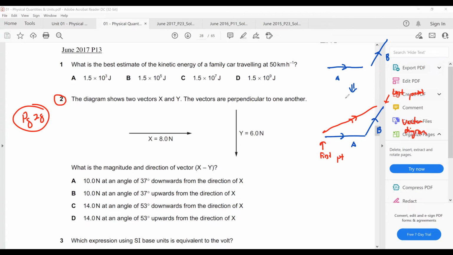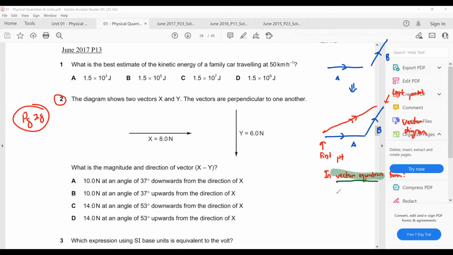Now, the one thing I didn't really mention to you yet was this. In vector equation form, this one is actually vector A. I emphasize the words vector equation form, not your normal equation.